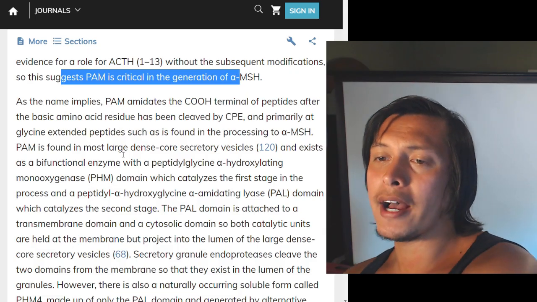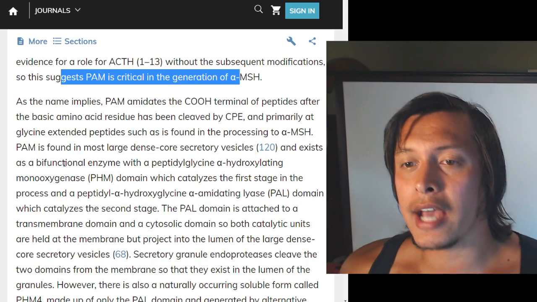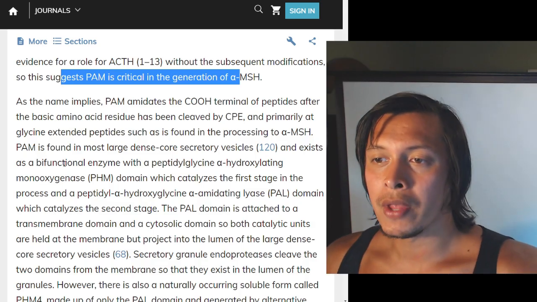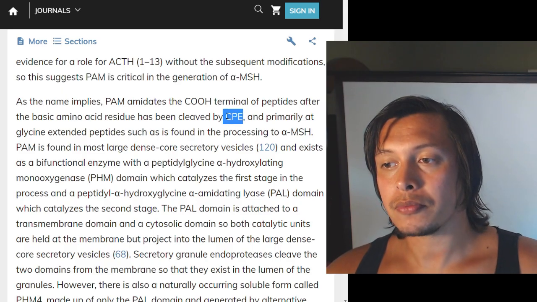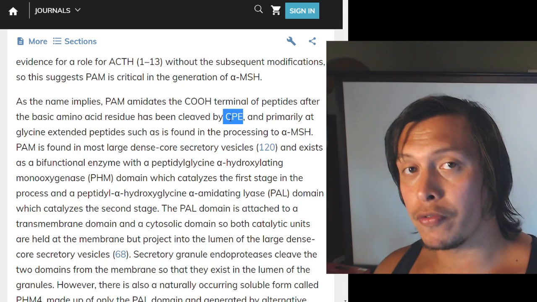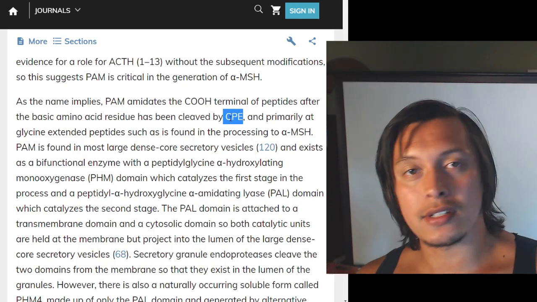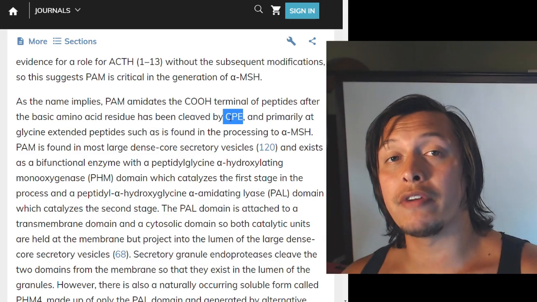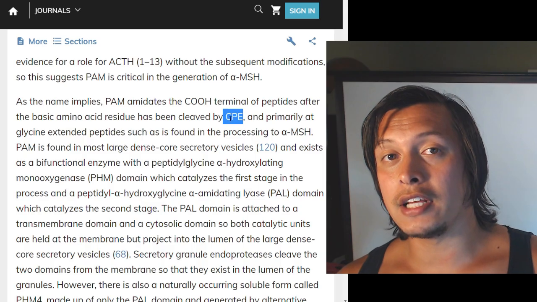As the name implies, PAM amidates the C-terminal of peptides after the basic amino acid residue has been cleaved by CPE. Remember, CPE, the carboxypeptidase E, is removing the basic amino acids such as lysine and arginine from the C ends of these peptides.